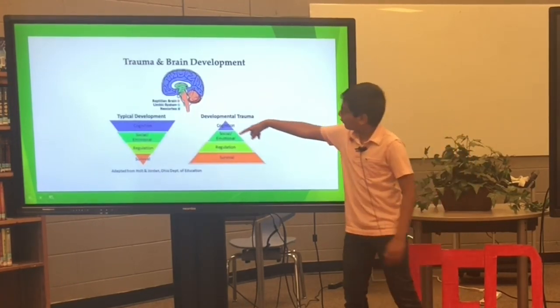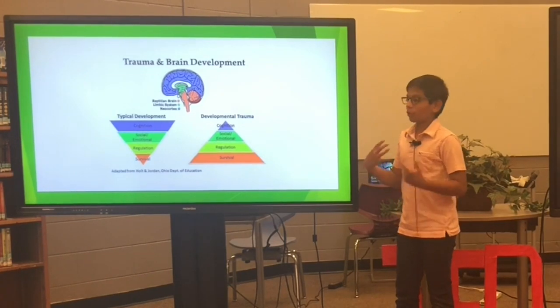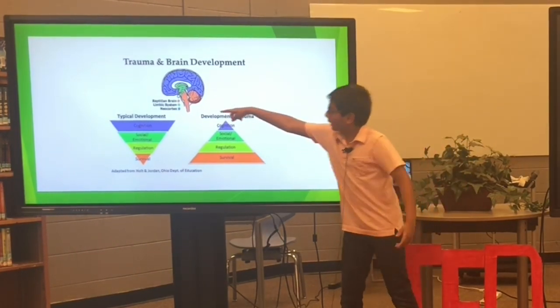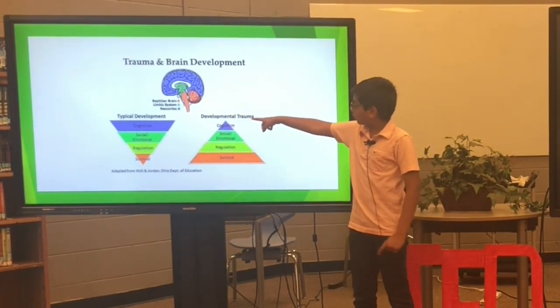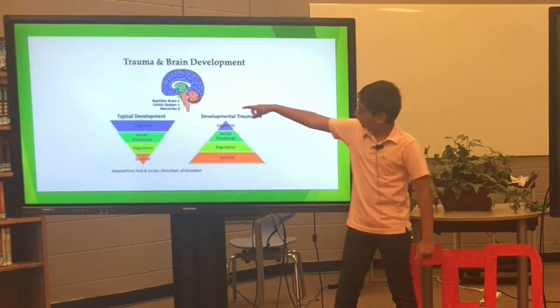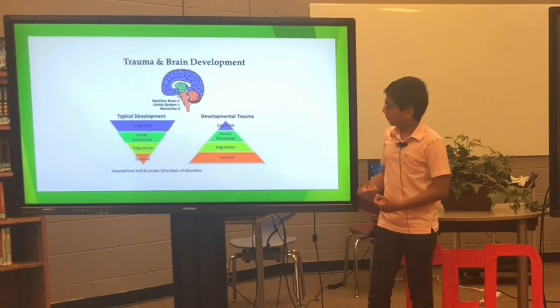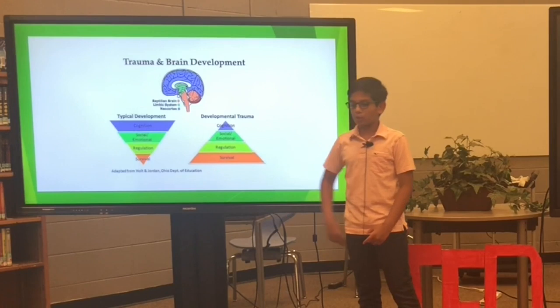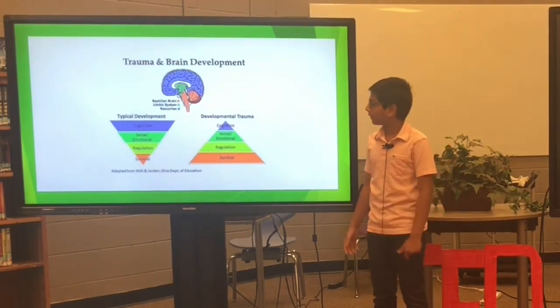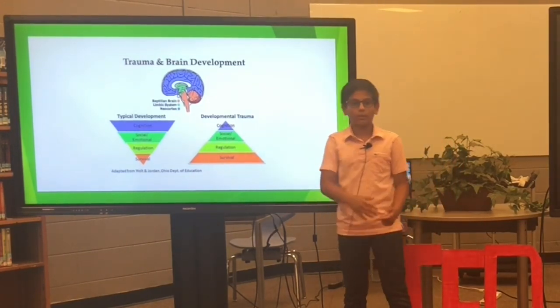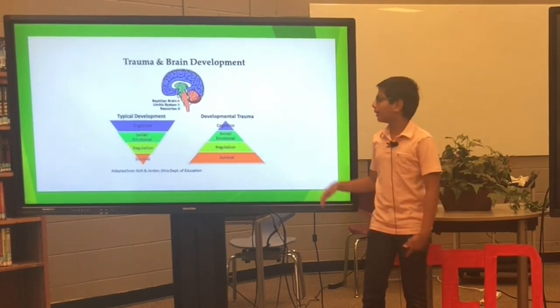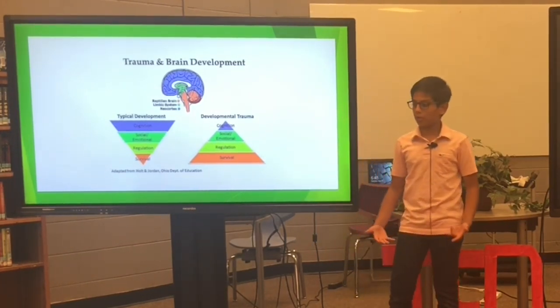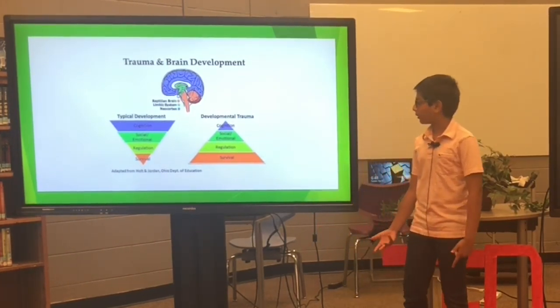This is a graph of what you think about and what you're focused on normally. That's the typical one, and this is the one where trauma is happening. In the typical one, you're mostly engaged in cognition, which is basically learning and comprehending. Next is social interaction, so if I was talking to somebody, that's what I've been worrying about, and emotional, what I'm feeling right now.